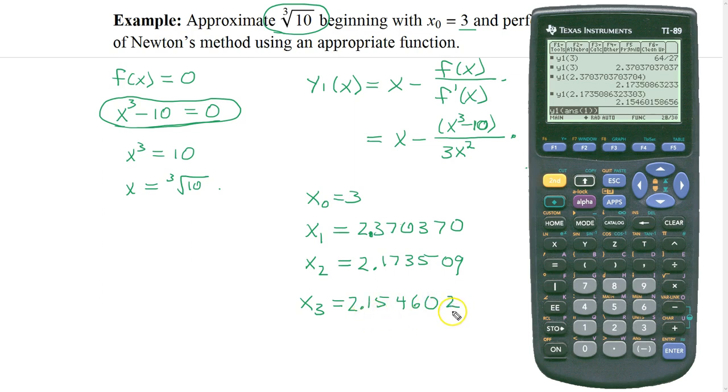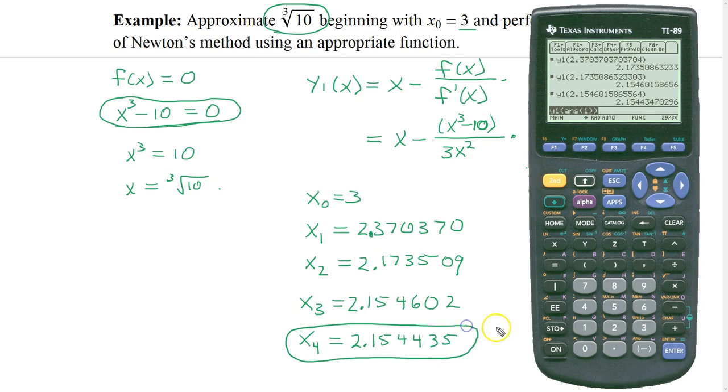There we go. There is x3, this number right here, rounded to 6 decimal places. And then finally x4, and there's our answer.